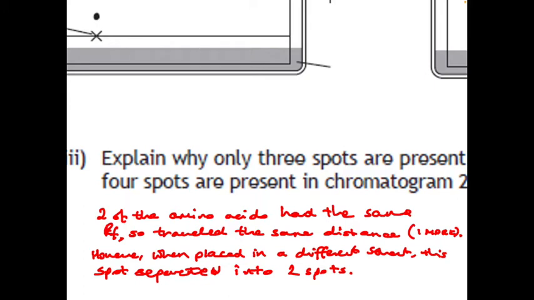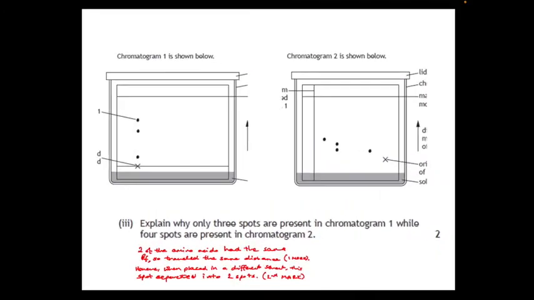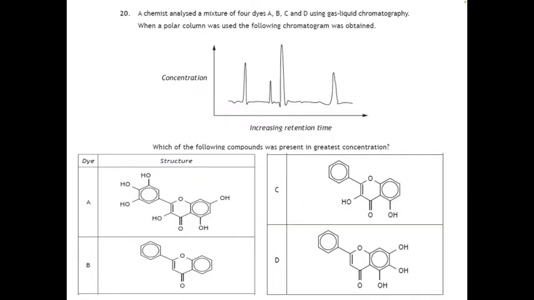That is because there were 4. So we've been able to separate them when we put them in the different solvent. Second mark. There you go. That's the answer for this.